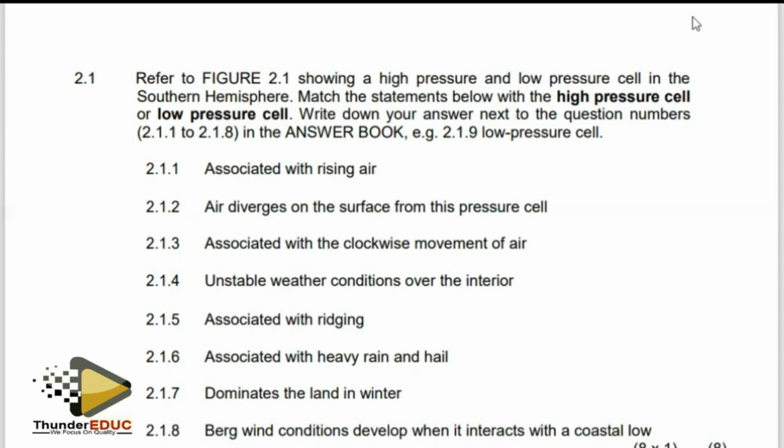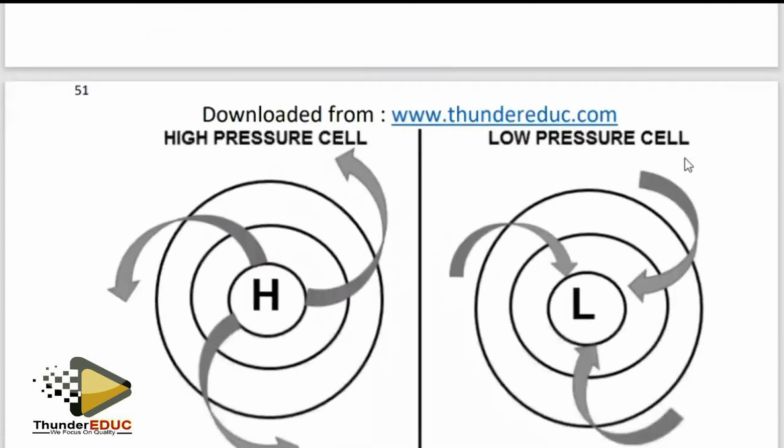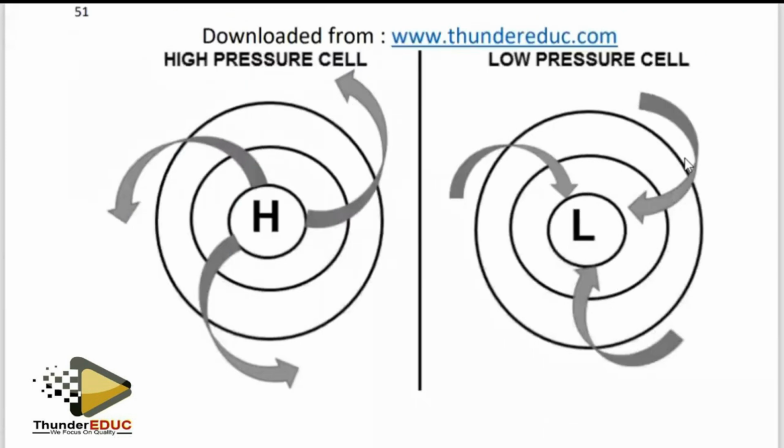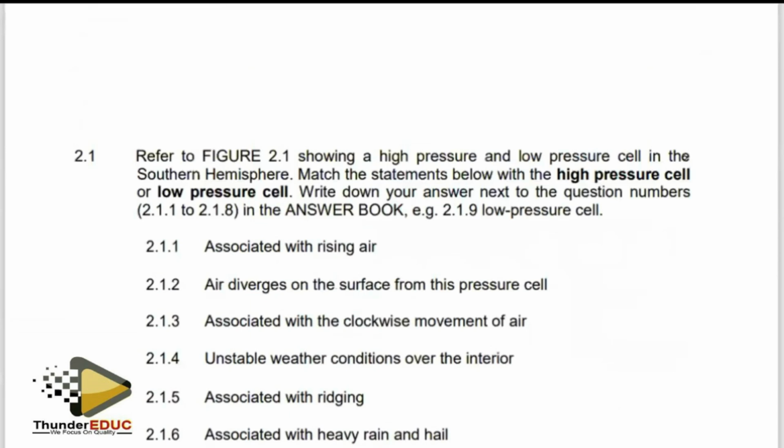2.1.1 says, sorry, let us first look at the figure. Sorry about that. Let's look at the figure. Let us refer to this one. Figure A is a high pressure cell. Figure B is a low pressure cell. All right.